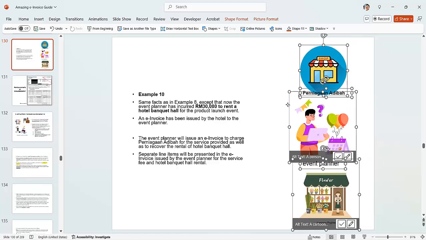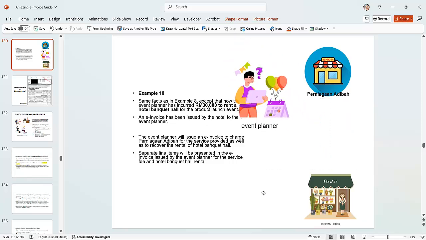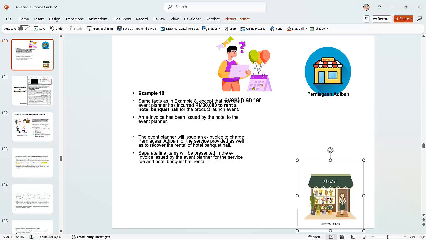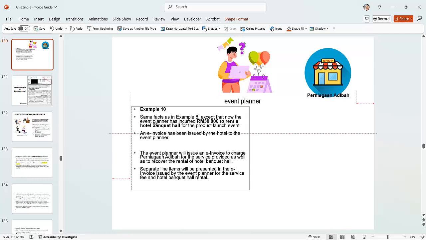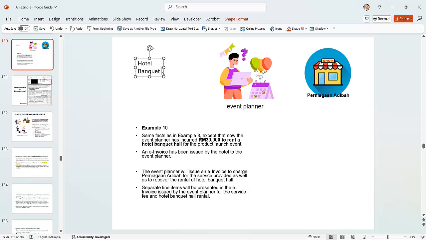Okay, so we have the event planner right here, and this time it's actually the banquet. There's a space, right? This is a hotel, and there's a banquet services hall.